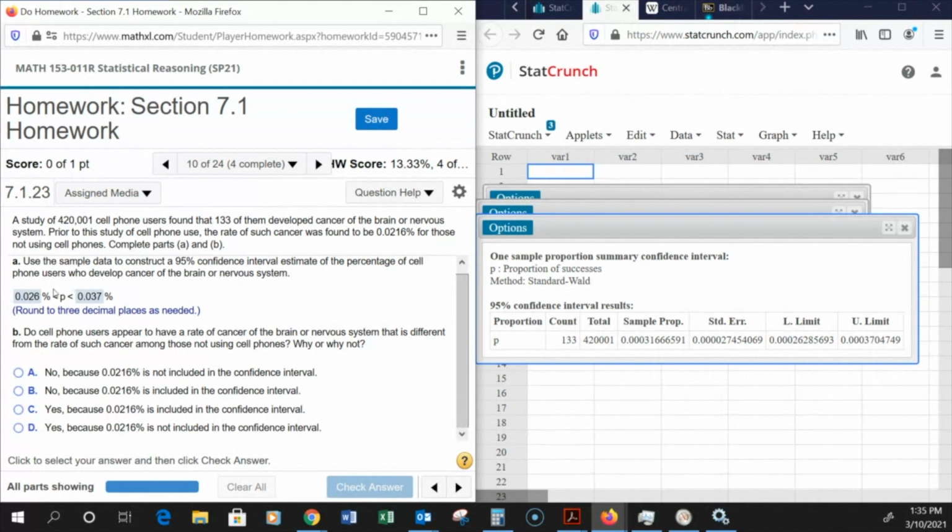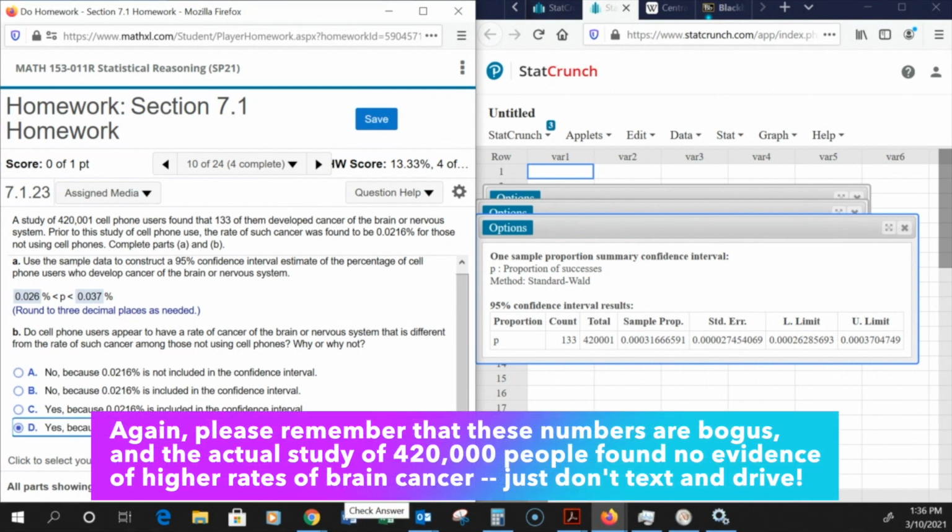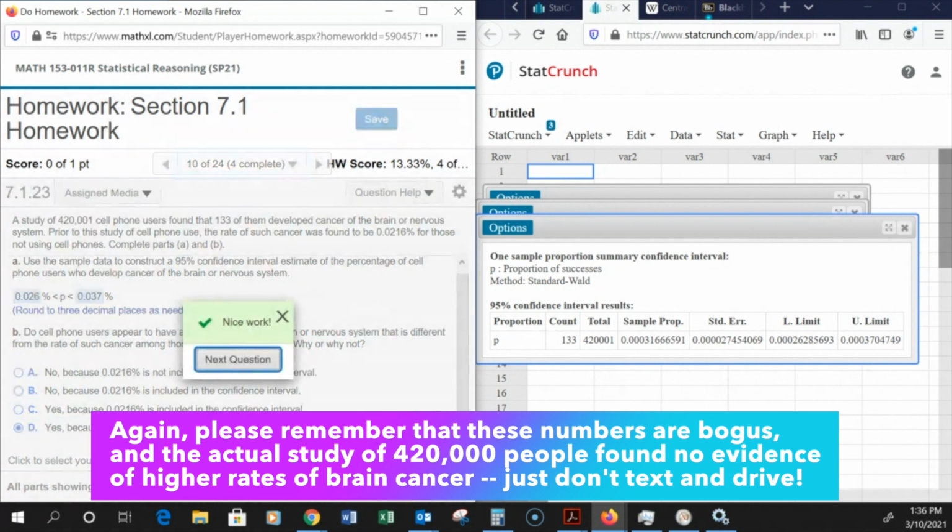That's lower. The true proportion of people who develop cancer of the brain after using a cell phone is higher than before people used a cell phone. Is that different? Yeah, it's different. It's not in our confidence interval. Ooh, that could scare me.